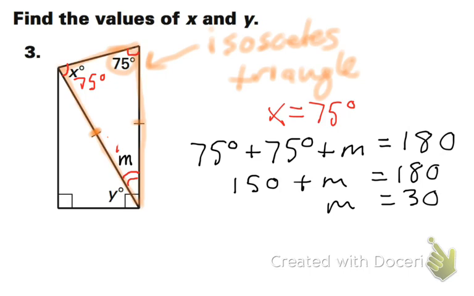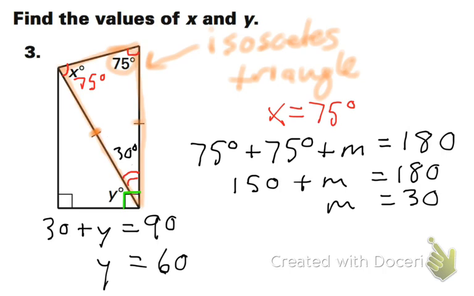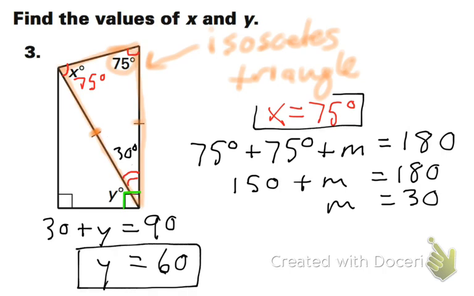The reason is because if I find out what this angle is, I put it 30 degrees, then I can use the fact that this whole angle here is a right angle to figure out what y is, because 30 degrees plus whatever angle y is going to equal 90 degrees. So I'll take away 30 from both sides, and I'll find out that y is 60. So that's a 60-degree angle there. So y equals 60, x equals 75.